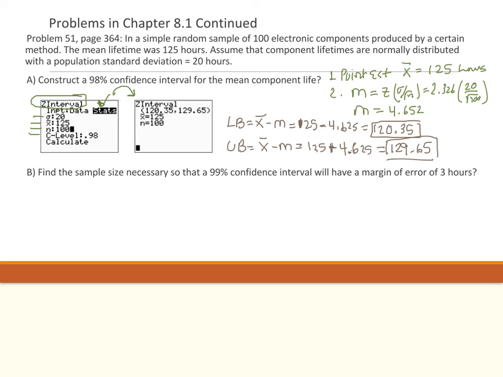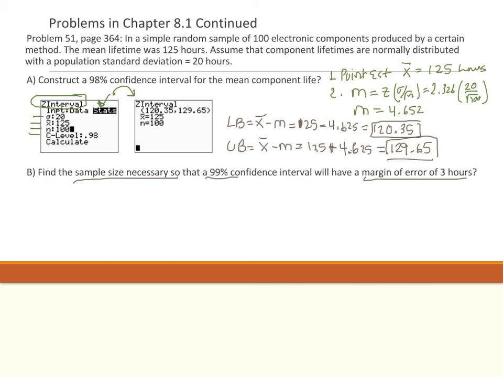So the last thing we want to talk about is how to calculate the sample size when we know the margin of error with a 99% confidence interval. Usually researchers will begin their study by starting out with the margin of error that they're willing to live with and the level of confidence they would want in their estimate.